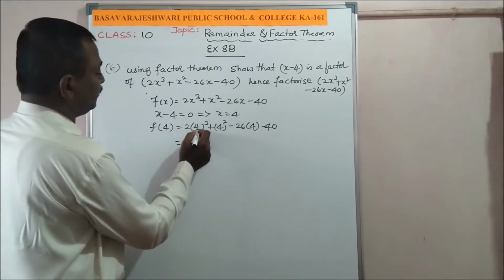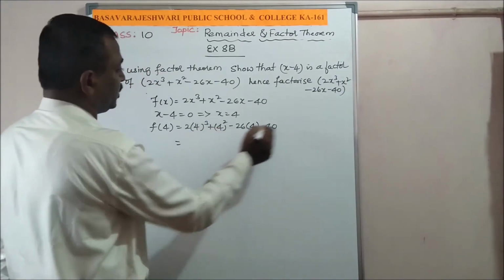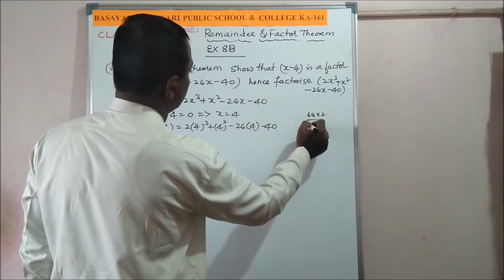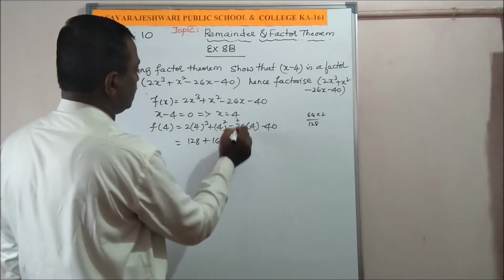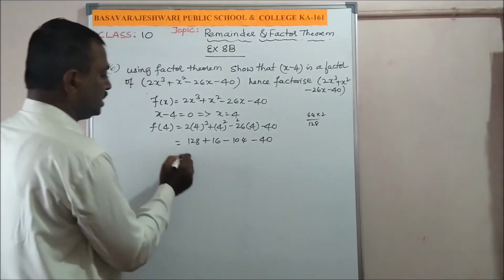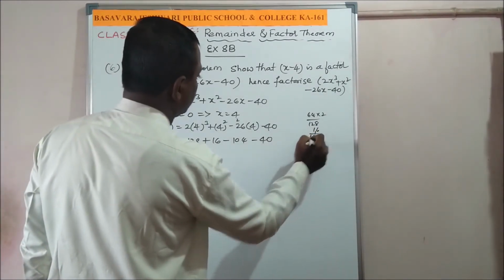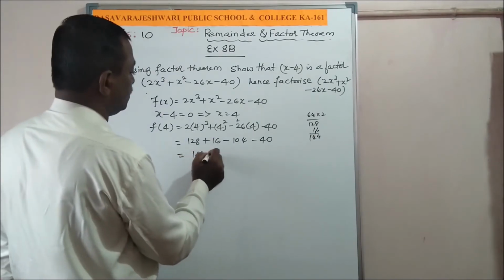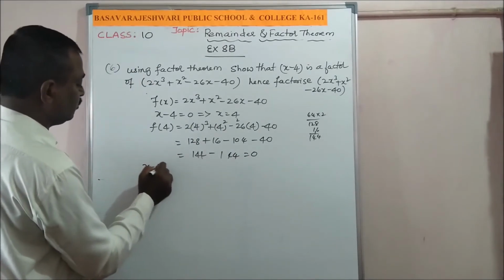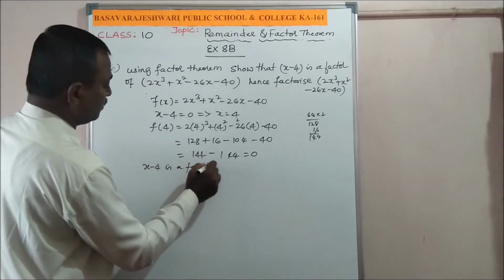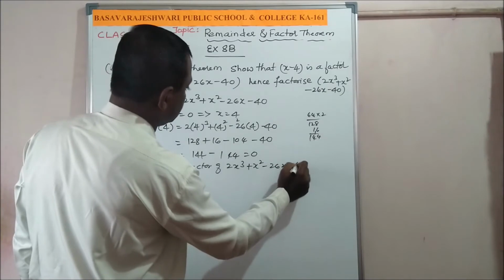That is 64 into 2, 128, plus 16 minus 104 minus 40. Adding 128 and 16 gives 144, minus 144, so 0. Therefore x minus 4 is a factor of 2x cube plus x square minus 26x minus 40.